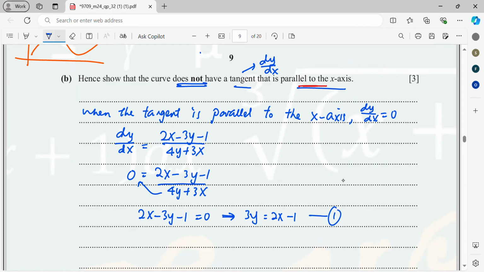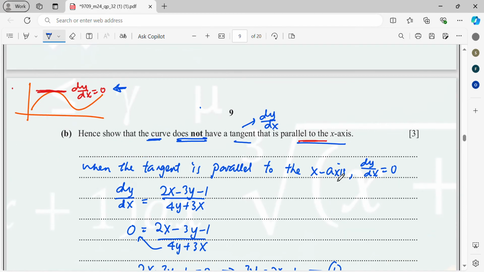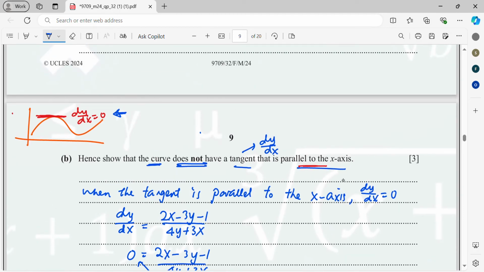And now, it shows that the curve does not have a tangent that is parallel to the x-axis. For your information, this straight line, this red line is a tangent. So if there is a tangent line, it will be intersecting the curve at one point. So you want to show that there is no intersection between the tangent line and the curve.